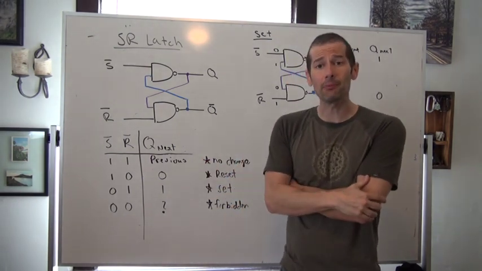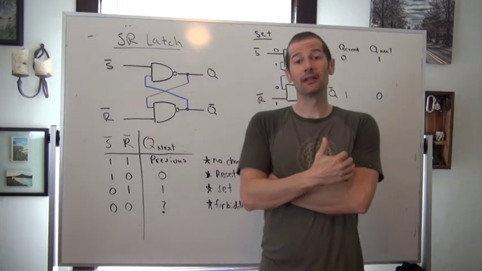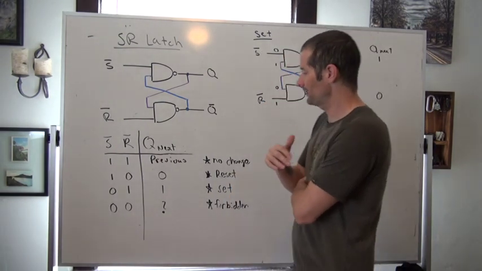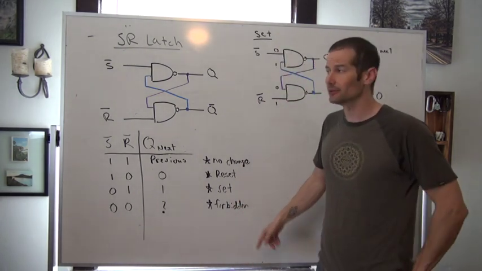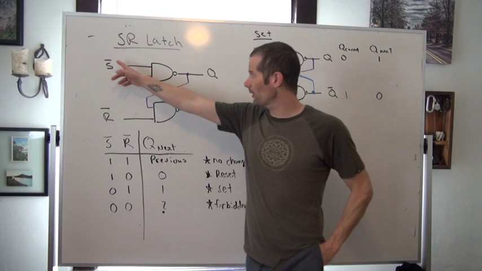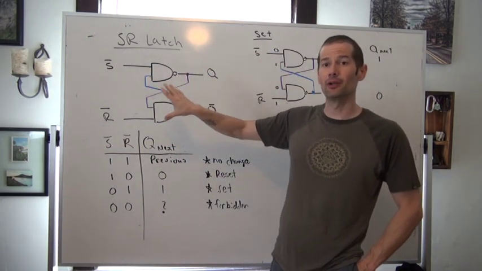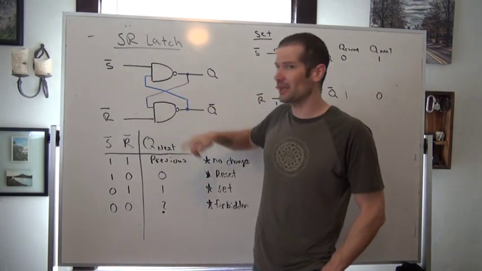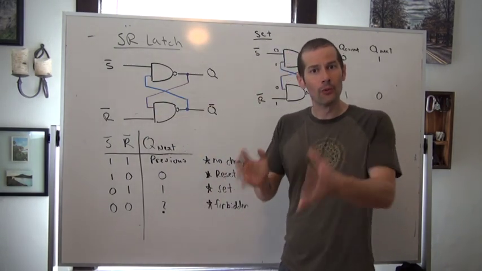But there is a very, very bad and inherent problem that we have with the SR latch, and that's what we call the forbidden state. By putting a 0 into either of these gates, we cause an action to happen within that logic.